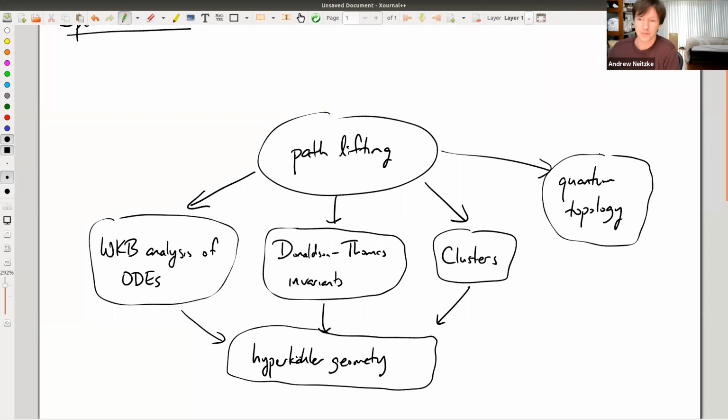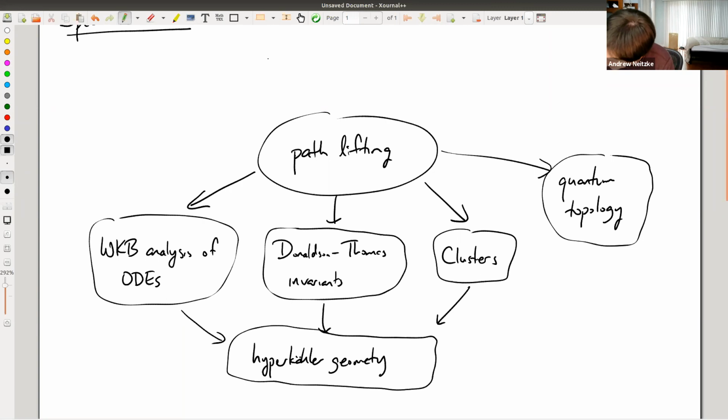So the main thing I want to explain to you is what this path lifting construction is, and how it gets applied to all these different things. Now, path lifting itself is in some sense a totally topological thing, but it looks unnatural if you just introduce it as a totally topological thing.